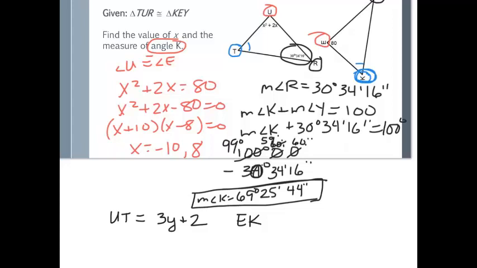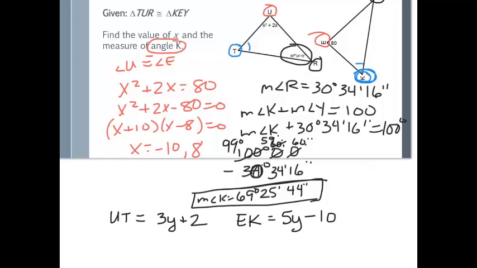So if UT is 3y plus 2, and I tell you that EK is, let's say, 5y minus 10, then my question is, what's the value of y?